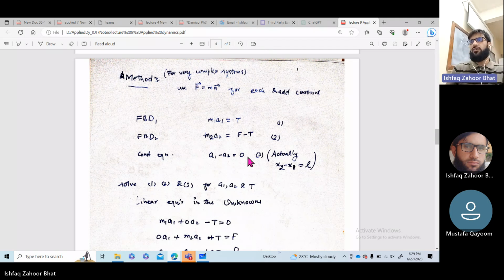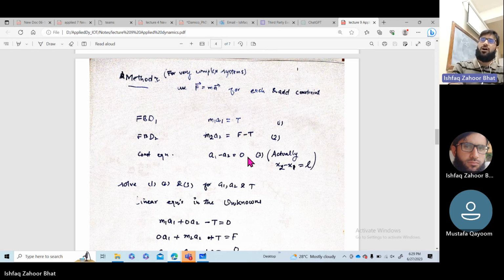But here what we are doing, we are taking each of the masses, and we are writing the linear momentum balance equation for each of the masses, because we know from Newton's second law, we can write it for every mass and every particle. And we don't care if there are some unknowns, let them be there, and we write everything which we know. So there is the constraint equation, we write it as it is.